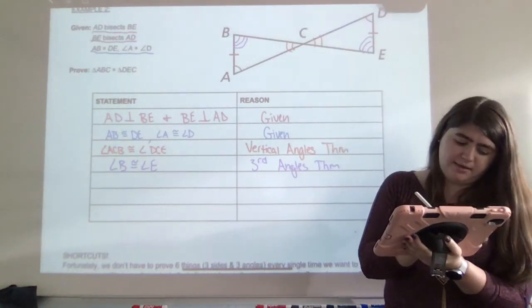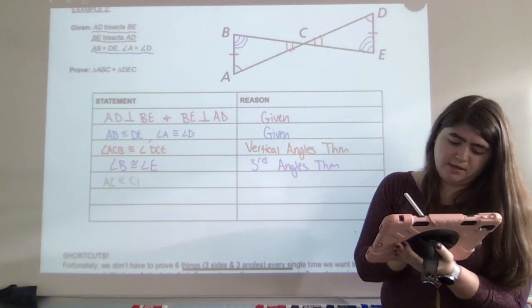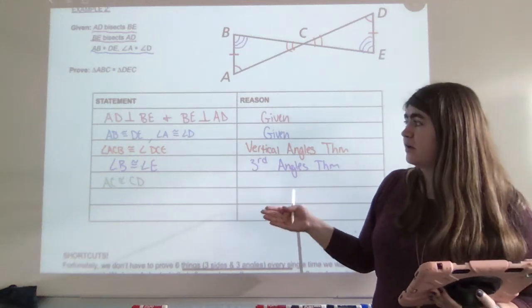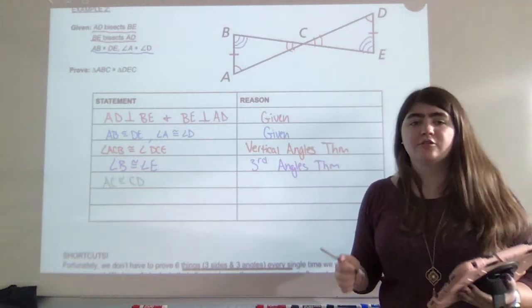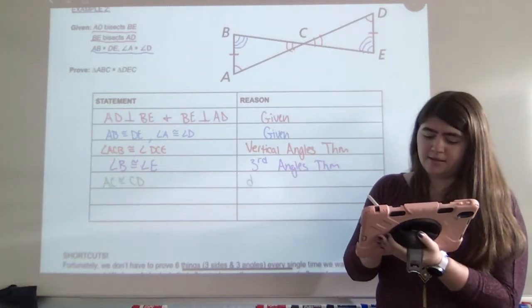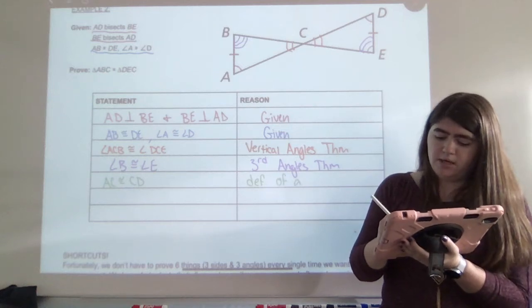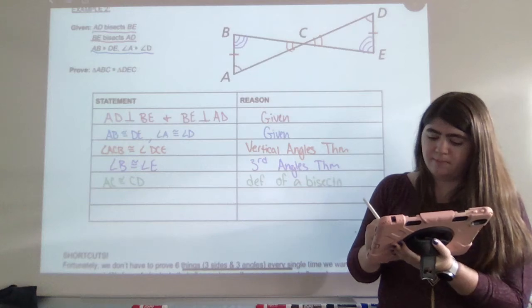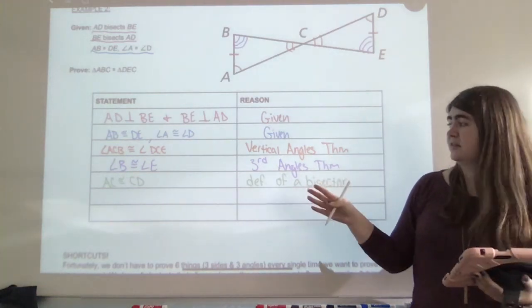So I have AC is congruent to CD. Why do I know that? Well, it's because we know that these two sides are bisecting each other. So by the definition of a bisector, or a segment bisector technically, we know that our sides have to be congruent because bisecting means that you're cutting into two congruent pieces.